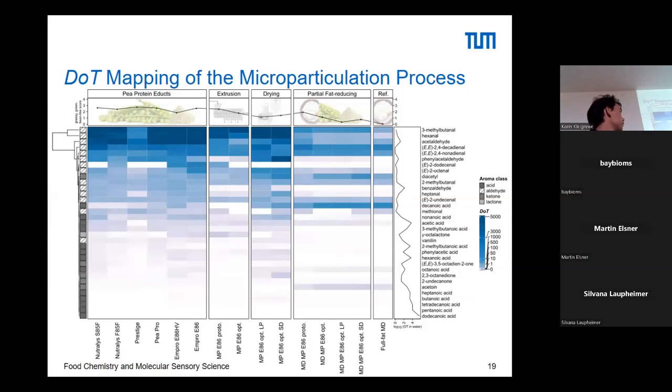And with this, we could see that especially this drying of the microparticulates before introducing them as a fat replacer almost gets rid of the essential concentrations of these 9 KFOs. And therefore, we could clearly reduce this off flavor within our spray-dried microparticulated pea protein milk dessert.